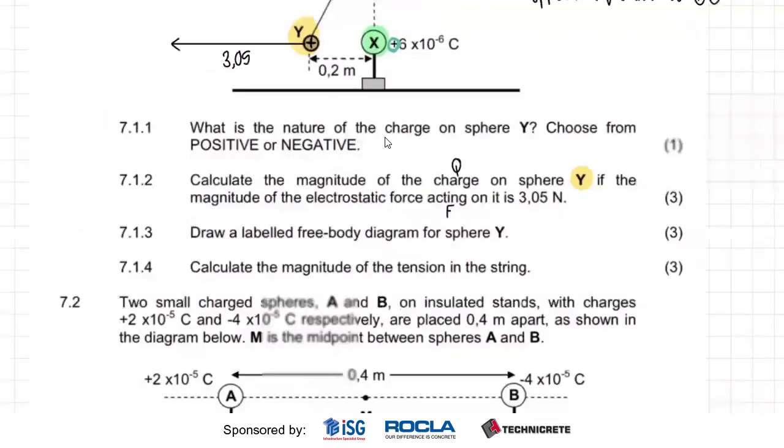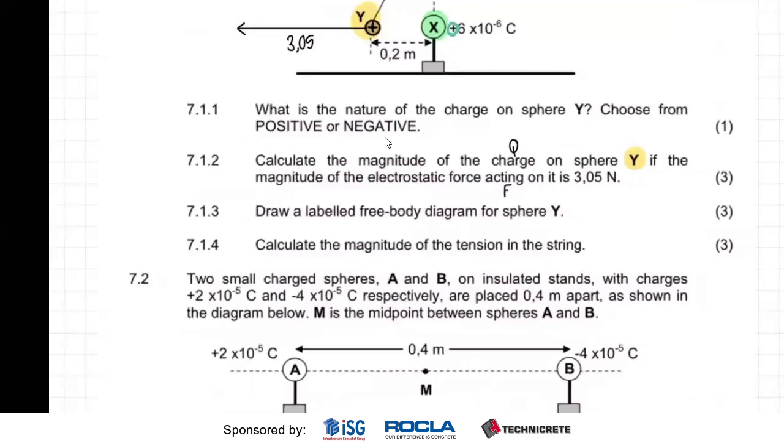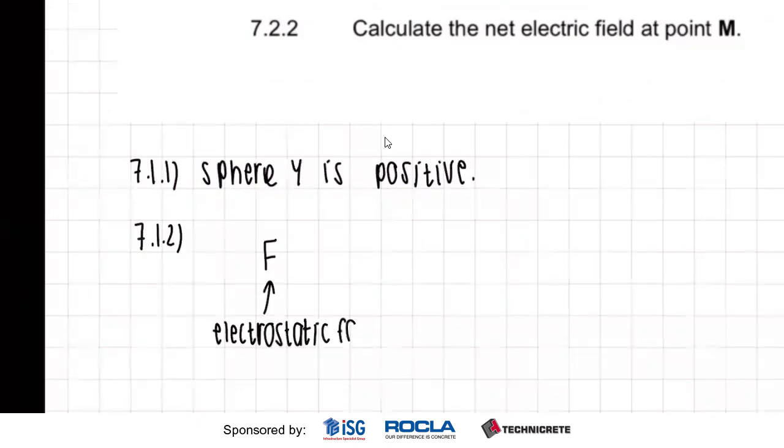Okay, and we already have the charge on X, we're going to use that as well. That is the other Q. Okay, so if we look at our formula sheet, the formula for electrostatic force is as follows.